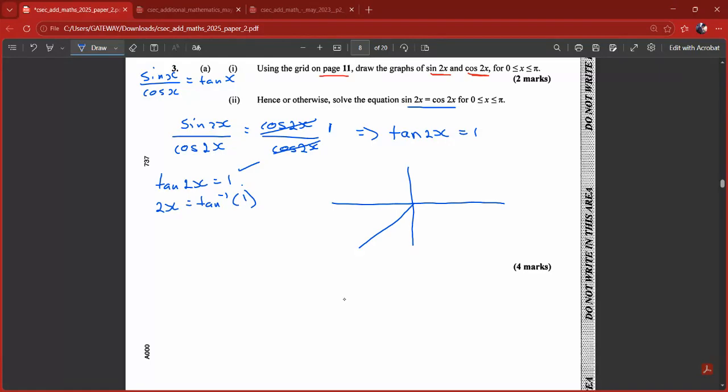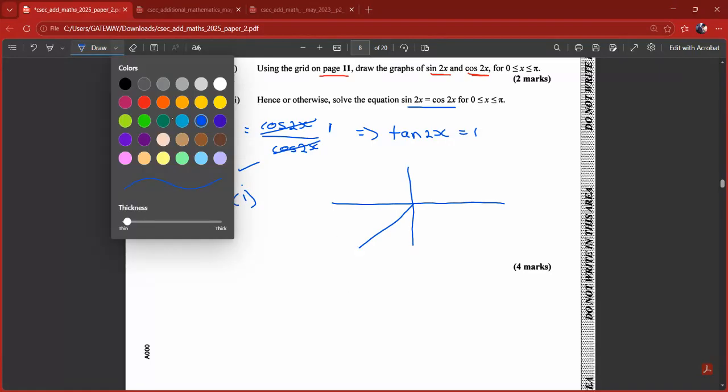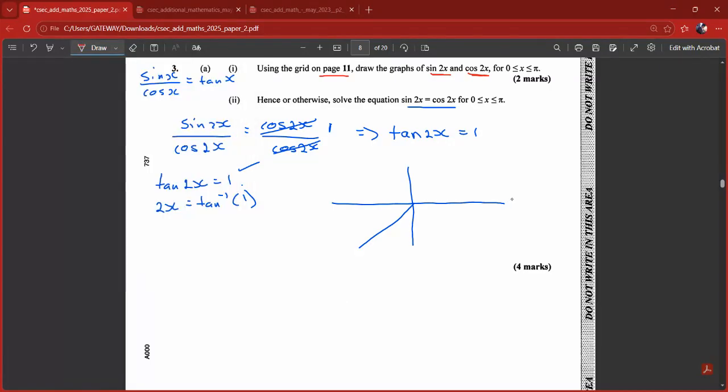So tan is positive there. So you have to find the angle from the positive x-axis, which would be here. This would be one of your solutions. This would be greater than 180, and then this here is the other solution. But it would be basically the same.